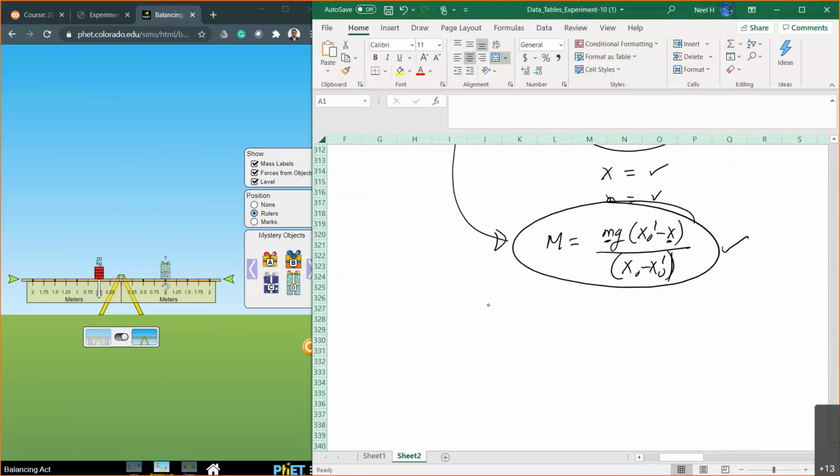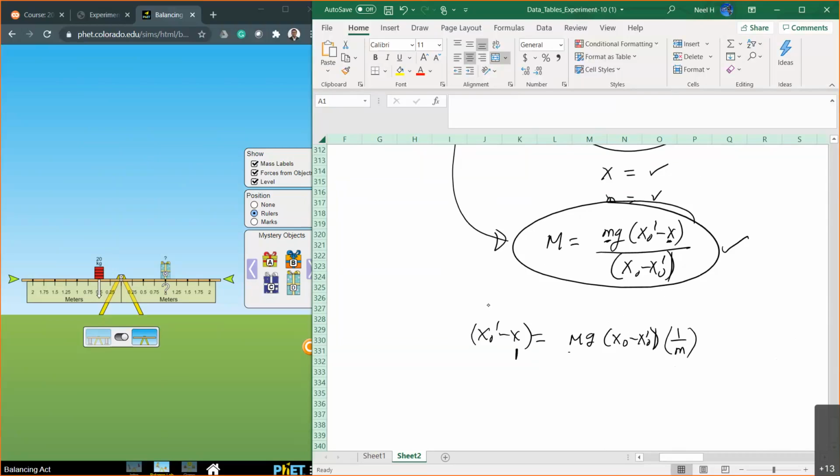So x0 prime minus x is equal to m times g times (x0 minus x0 prime) times 1 over m. If I rearrange the formula, this is the mass needed to balance.